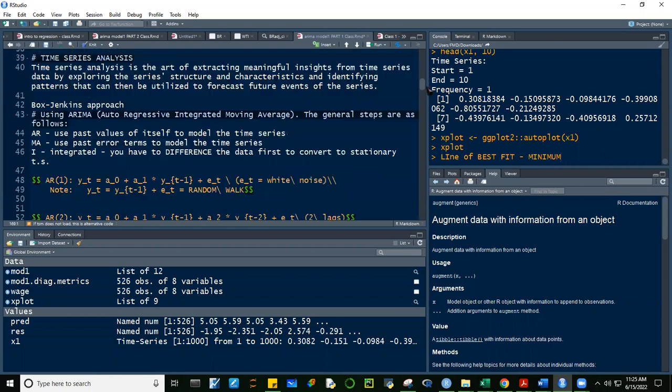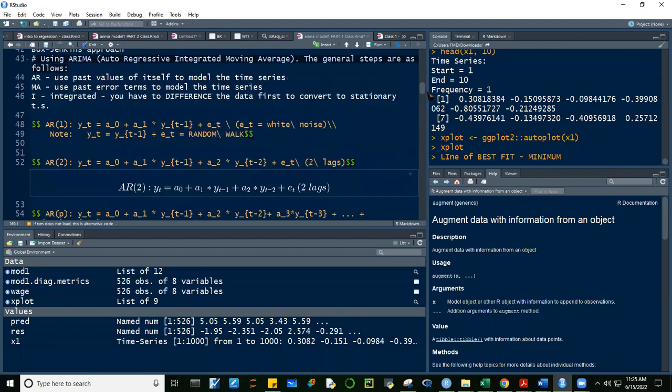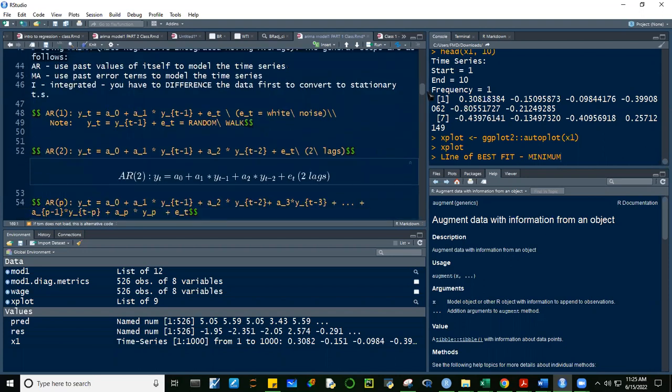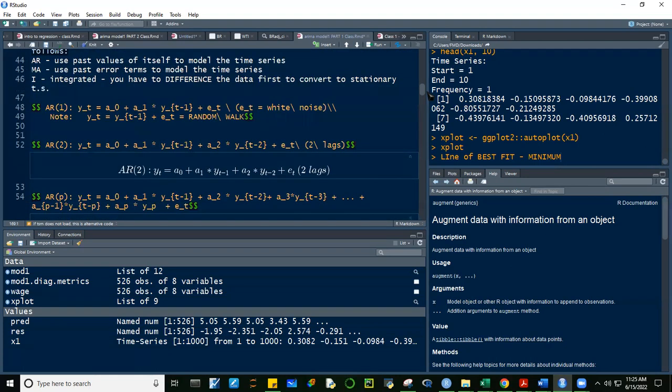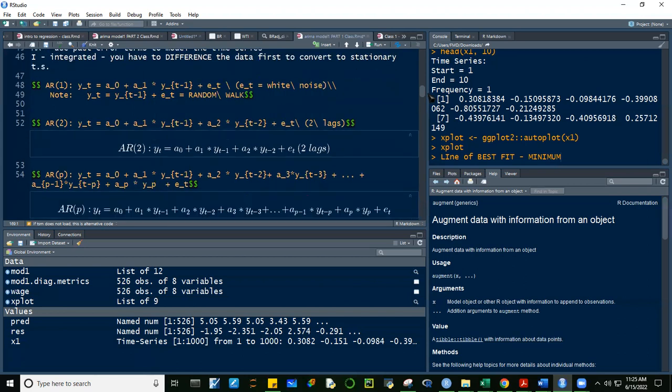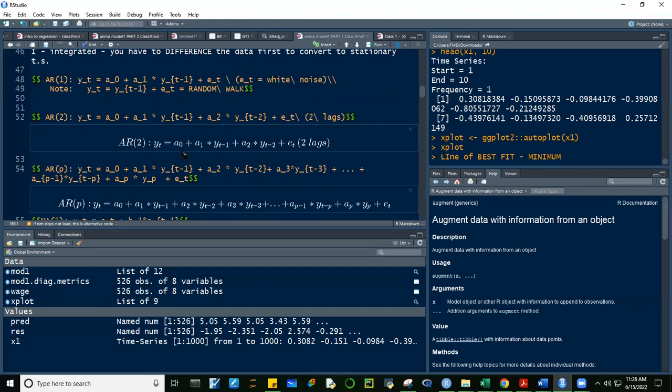Okay. So last time, what we did was to learn how we model an ARIMA process, whether it's AR or MA or a combination. Just a quick review, guys. For an AR process, we're regressing, or we are modeling our time series based on past values of itself.